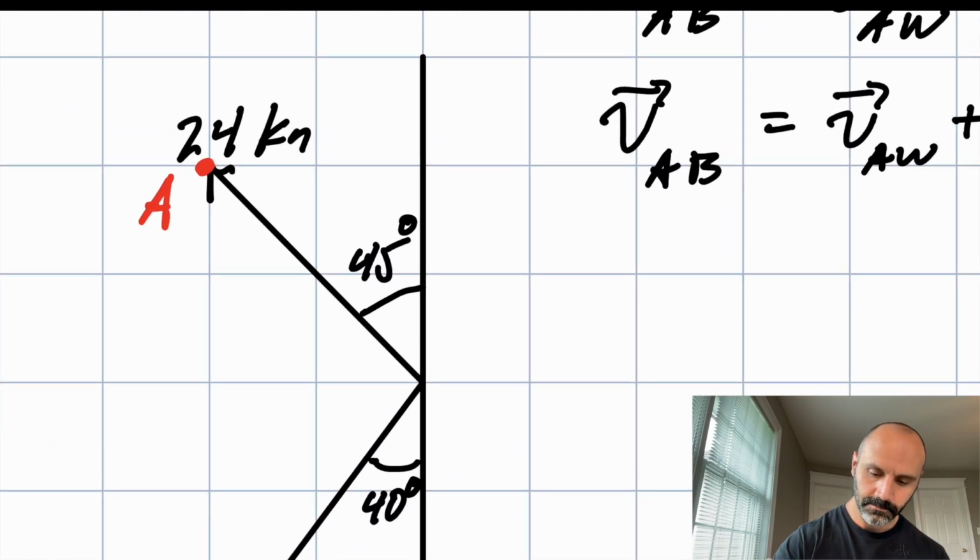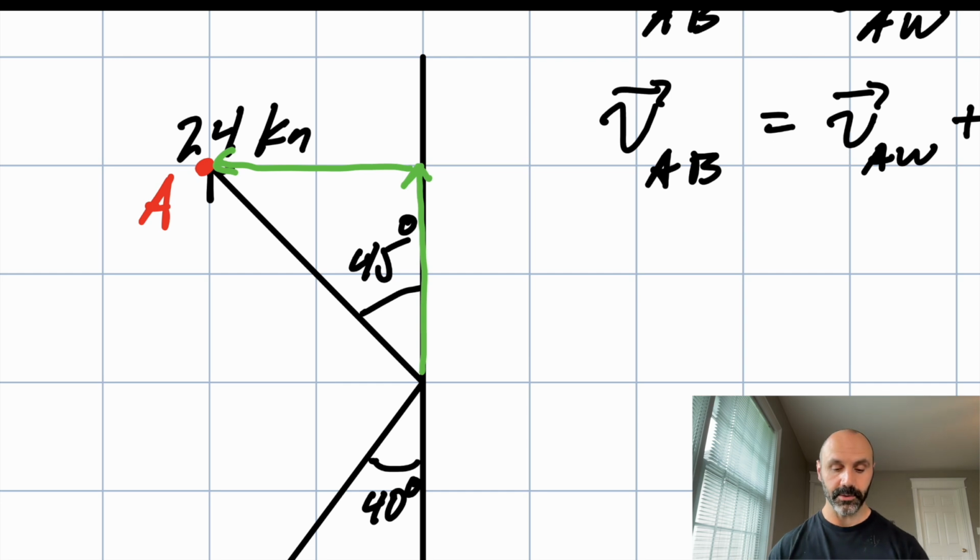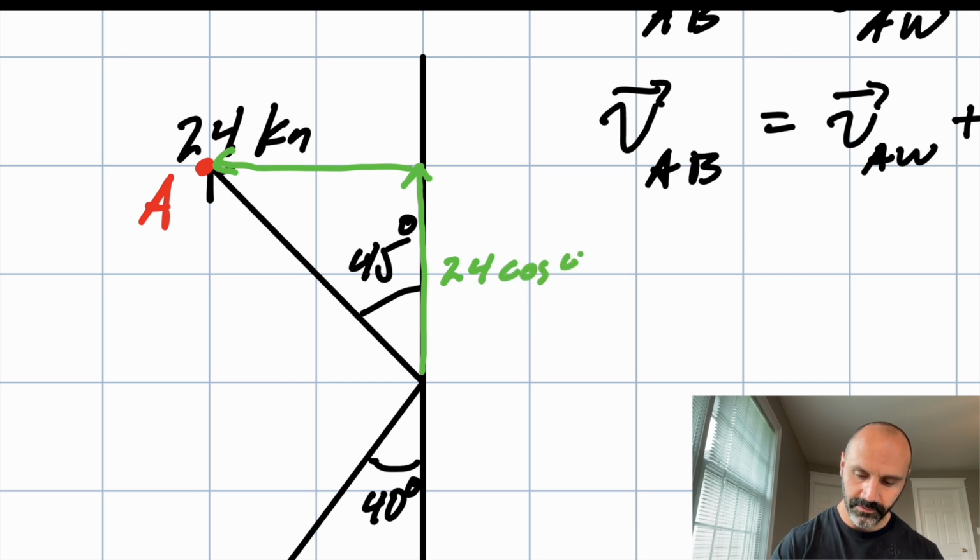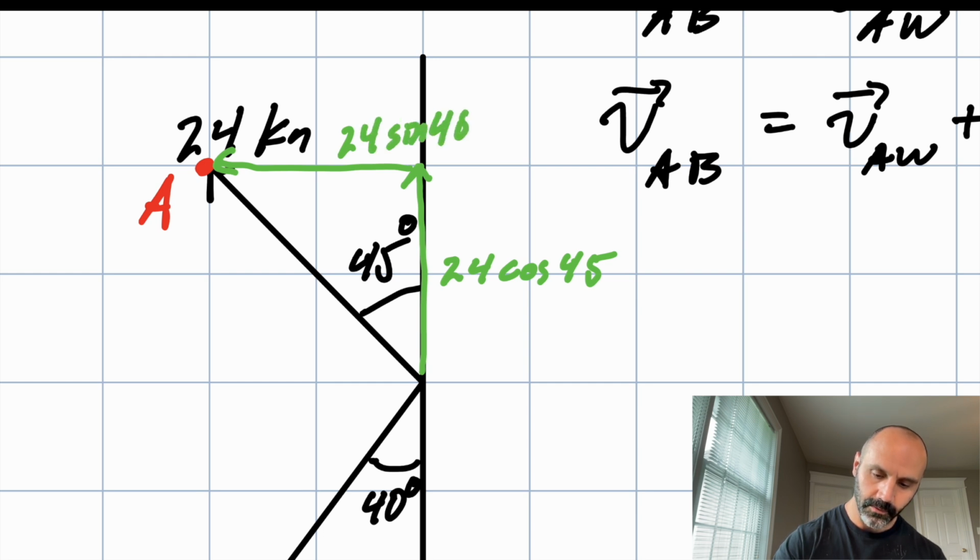So I'm going to find this using trigonometry, etc. So this is going to be, what, 24 cosine 45, and then this is going to be 24 sine 45, or 24 root 2 over 2, however you want to do this.